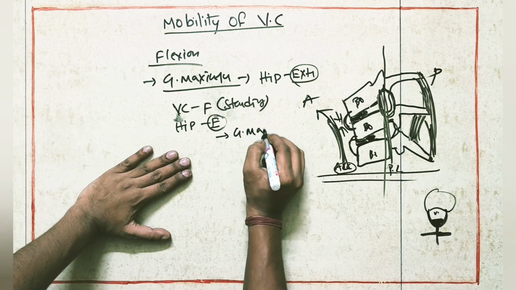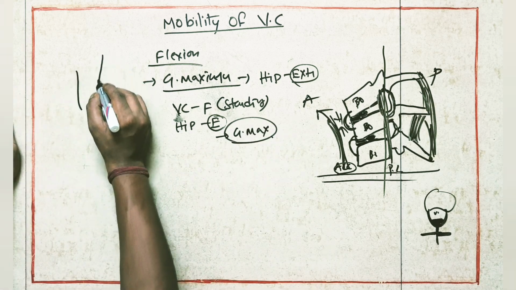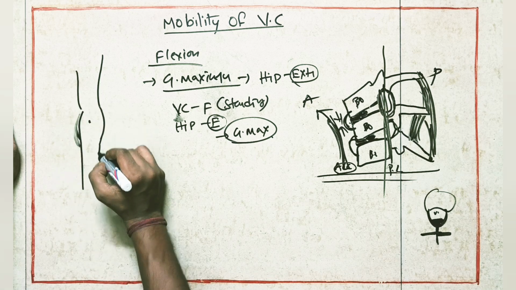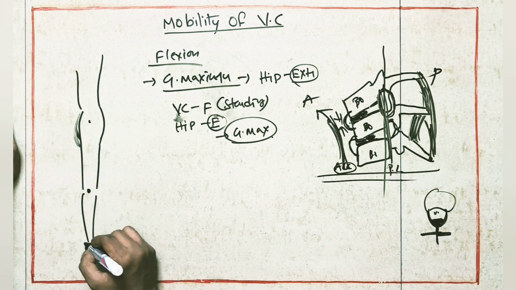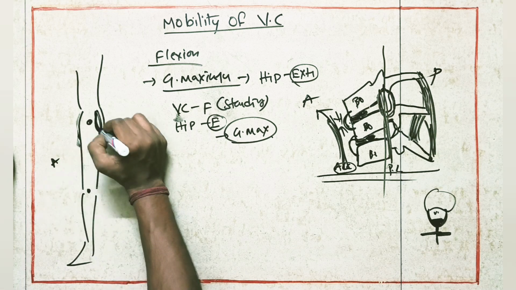Because of this hip joint extension, the Gmax muscle is always in action. Suppose this is the belly, this is the spine, this is the back, this is the hip joint. Imagine this is the buttock region, gluteal region, hip joint, knee joint. This is one person. This is our hip joint, this is anterior, this is posterior. Here we have the Gmax muscle.